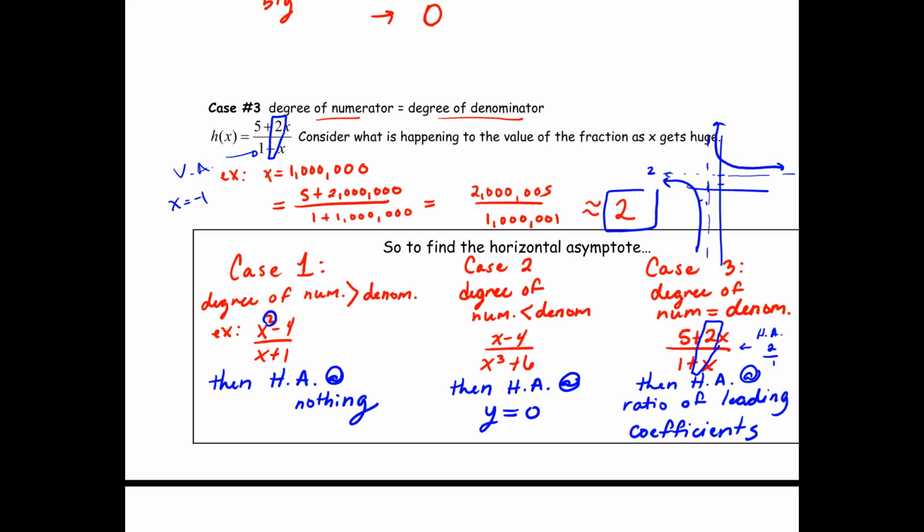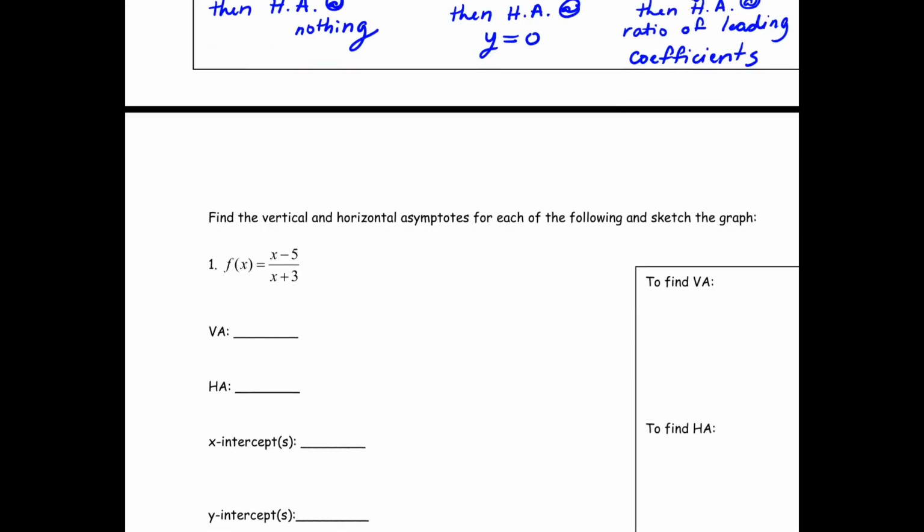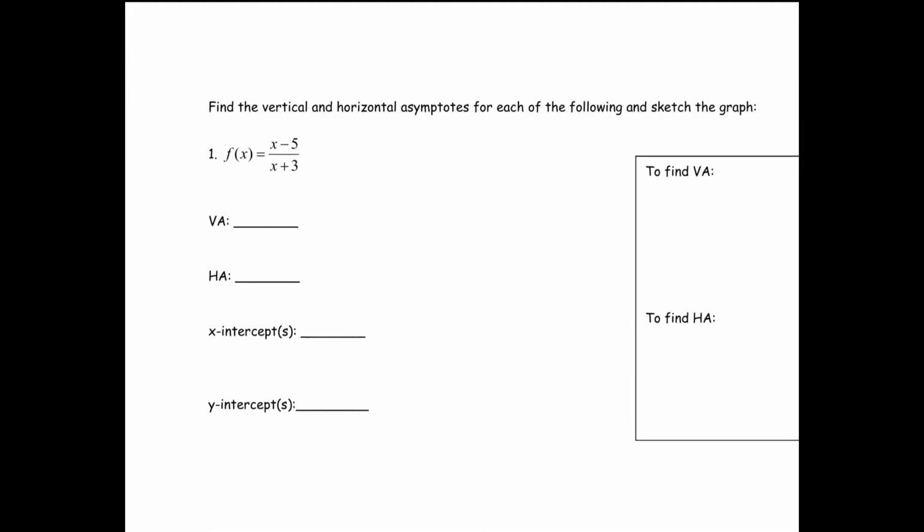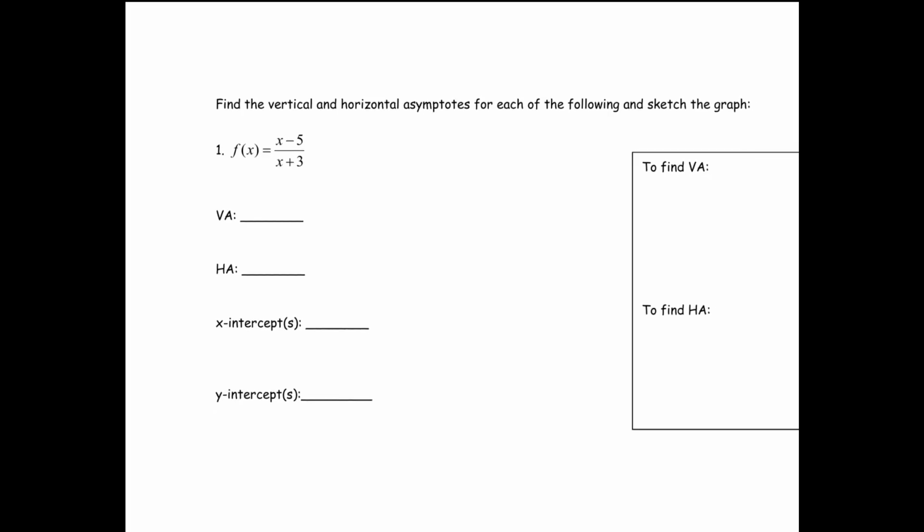Okay, I know that's a lot, but you need to know those 3 things in order to graph rational functions. So let's put it together. Let's start with the horizontal asymptote, because that's the most recently learned. It says find the vertical and horizontal asymptote and then sketch the graph. Look at the function given to you.